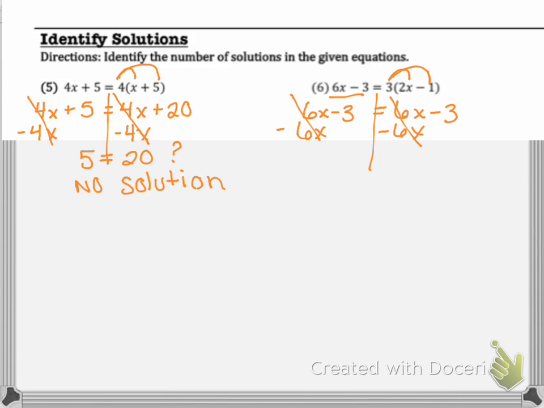They both cancel, and in this case, I get negative 3 is equal to negative 3. That is a true statement, okay? So because it is a true statement, this is an example of infinite solutions. Okay, infinitely many solutions. So these are unique outcomes of solving multi-step equations.